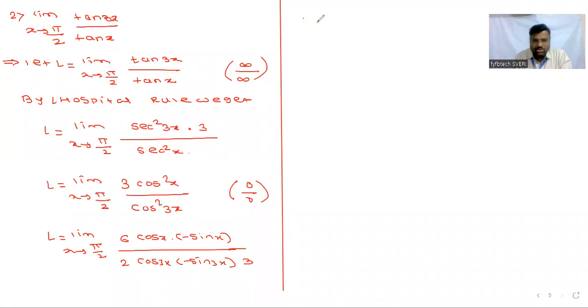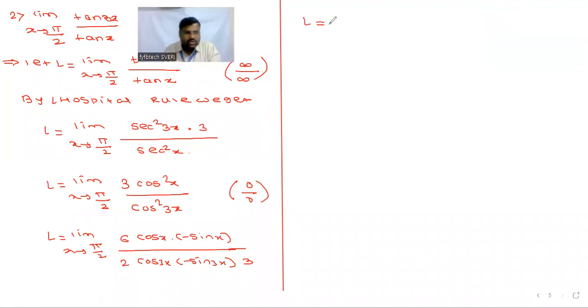L equal to, minus minus get cancelled, limit x tends to pi by 2, sin x into cos x divided by, 2 and 2 cancel, 3 and 3 cancel, sin 3x into cos 3x.